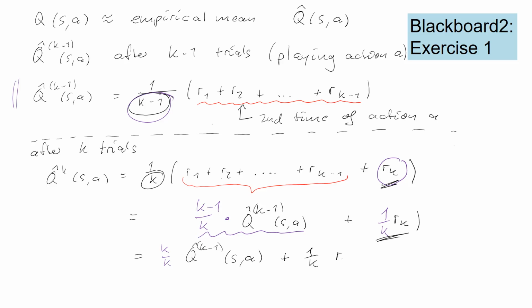And then I still have a term from this part here. So I have minus 1 over K and another one of these Q hat K minus 1 of S and A. Now obviously the first one can be cut out.